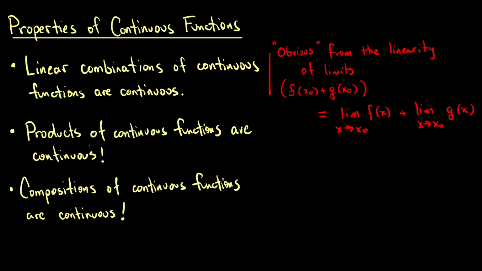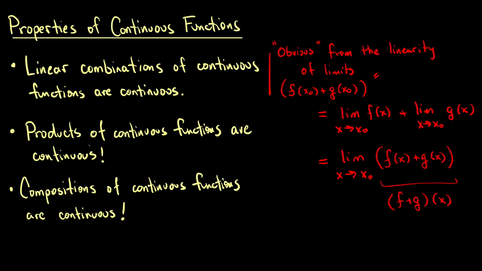So if f and g are continuous, I can replace f of x naught with this limit. I can also replace g of x naught with this limit. Okay, and now I use linearity of limits: the limit as x goes to x naught of f of x plus g of x. And that's actually what we wanted to prove, because this is what f plus g of x is.